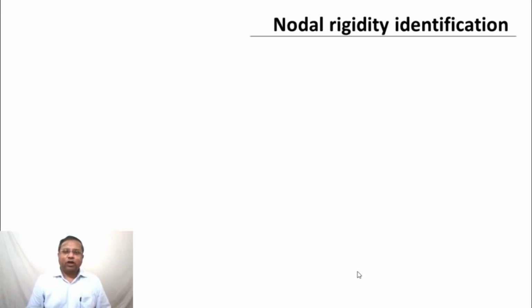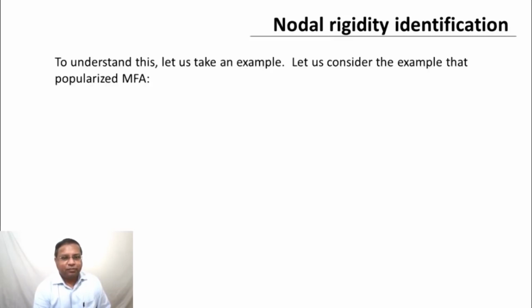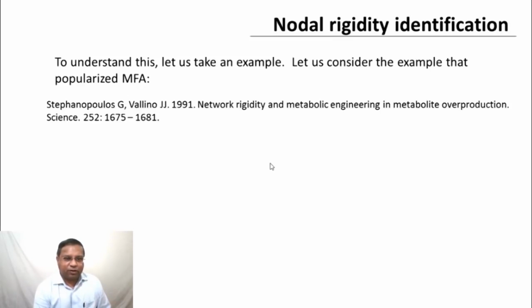Now let us look at nodal rigidity identification. This is what went into the lysine improvement that we talked about, Vallino and Stephanopoulos' work, early 90s. To understand this, let us consider the example that popularized metabolic flux analysis, the lysine production. This is the reference here.